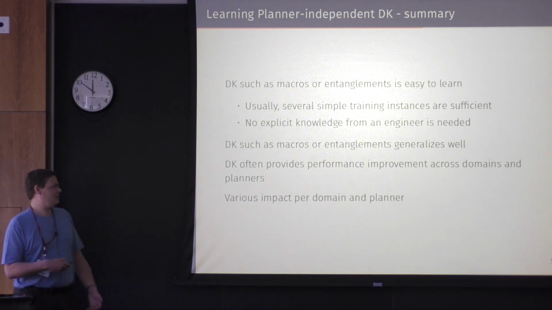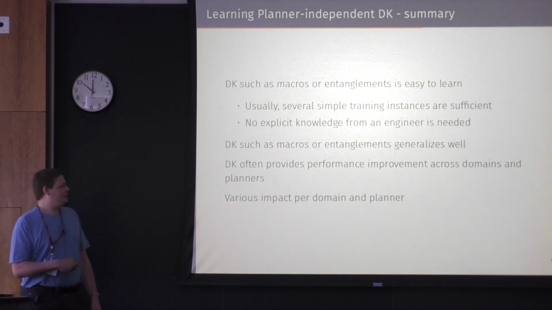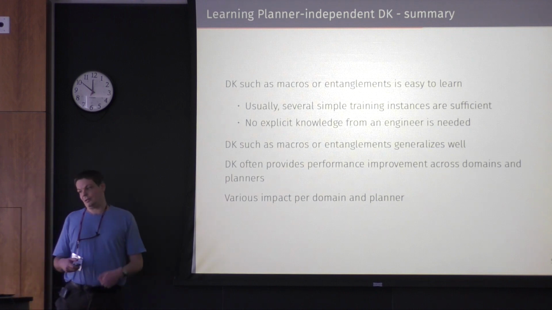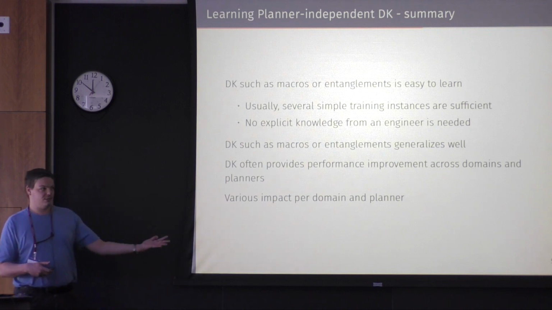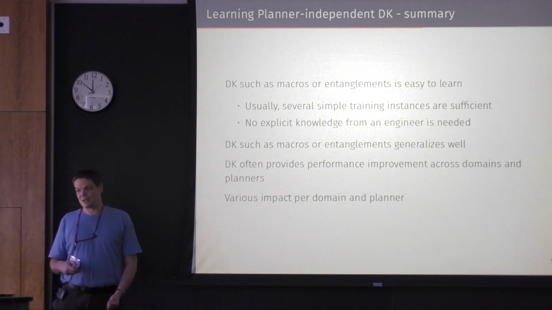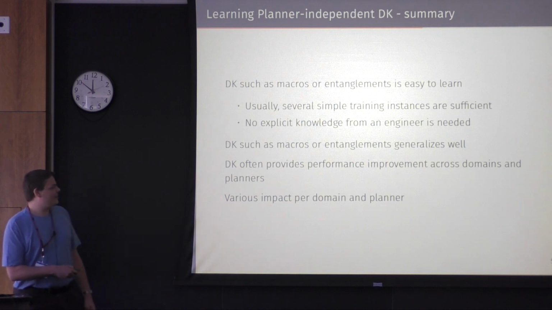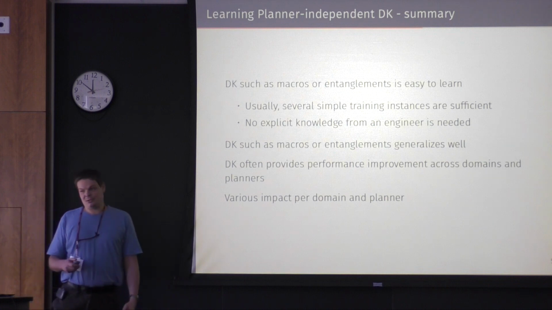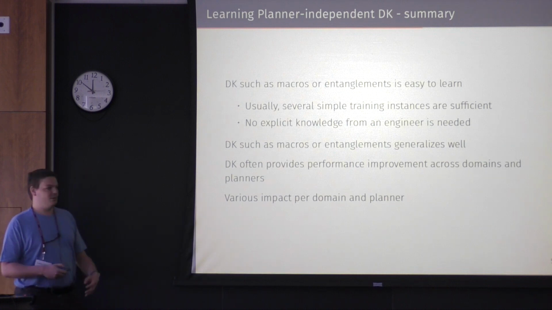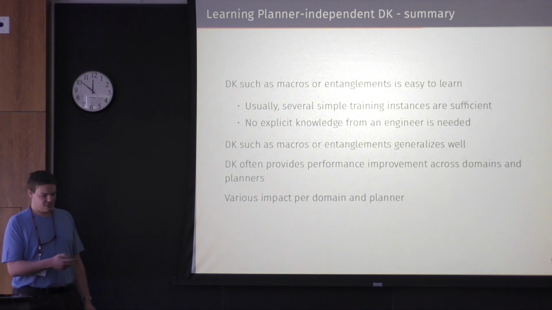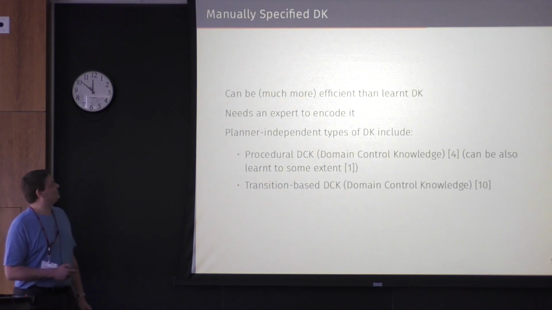On the other hand, as we observed in the case of the ASA planner or even for MAM, there are different impacts per domain and planner. Sometimes domain knowledge really helps the planner and is really useful in a given domain, and in some cases it is not that much.